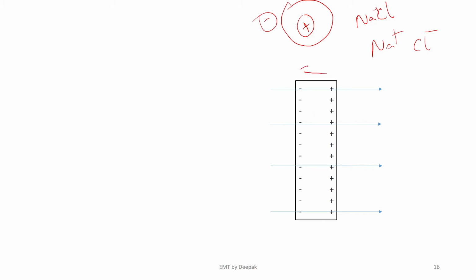All Cl- would be deposited here, and all Na+ would be deposited here. Right? Again, let me tell you that NaCl is an example to illustrate an ionic bond. I'm not saying that NaCl is a conductor. Of course, NaCl does conduct electricity. To test that, you may use a small experiment of adding NaCl in water and testing its conductivity.